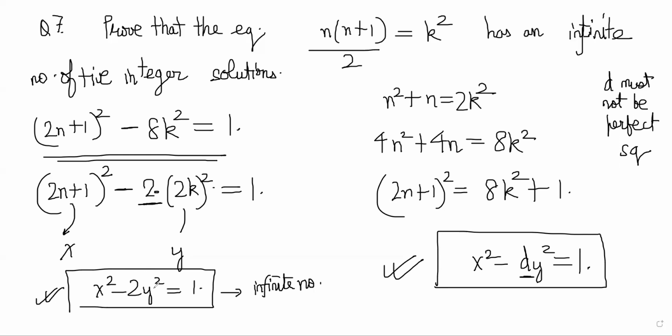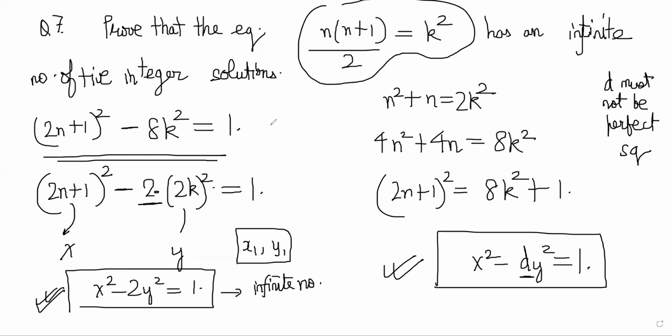And now we can say that X is odd, Y is even, and for this equation we can find some standard solution x1, y1 and construct a lot more solutions using the recurrence relation that we had seen earlier. And finally, once you get a solution, we can get the solution for the original equation by saying n is equal to x minus 1 by 2 and k is equal to y by 2.